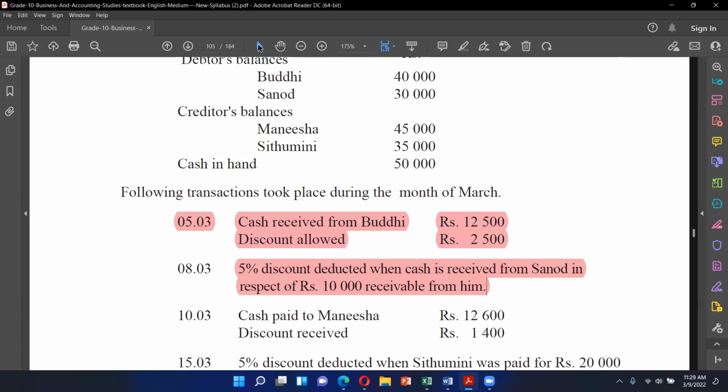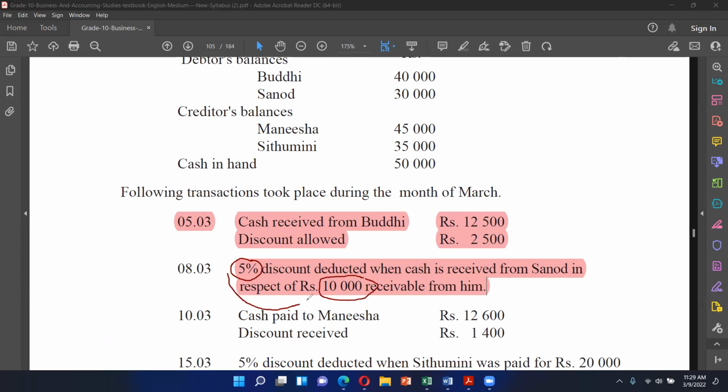So first step is you need to calculate the discount. 10,000 is the amount you're supposed to recover from him, and we offer 5% discount because of the early settlement. 10% is 1,000, 5% is half of this, that is 500.